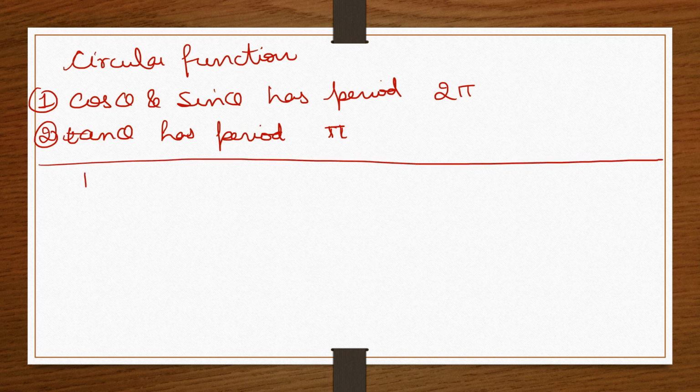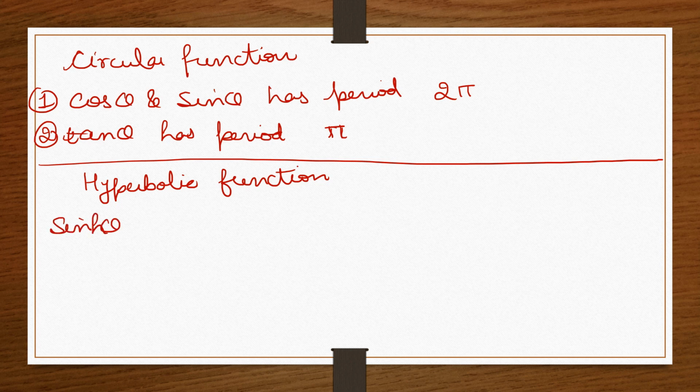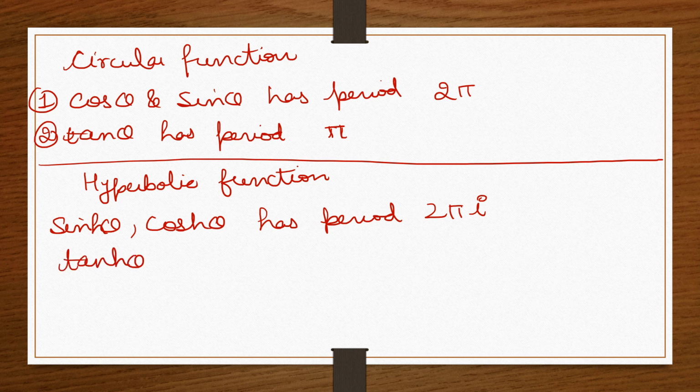And for hyperbolic functions, sine hyperbolic theta and cos hyperbolic theta have period 2 pi iota. Okay, 2 pi iota, just like the exponential. And tan hyperbolic theta will have period pi iota. Okay, you just keep this in your mind.